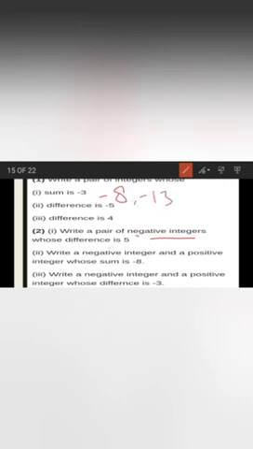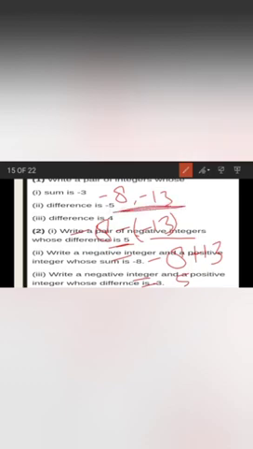Their difference, minus 8 minus of minus 13, will be equal to minus 8 plus 13. So 13 minus 8 will be 5. So the pair of negative integers whose difference is 5 is minus 8 and minus 13. I hope it is clear.